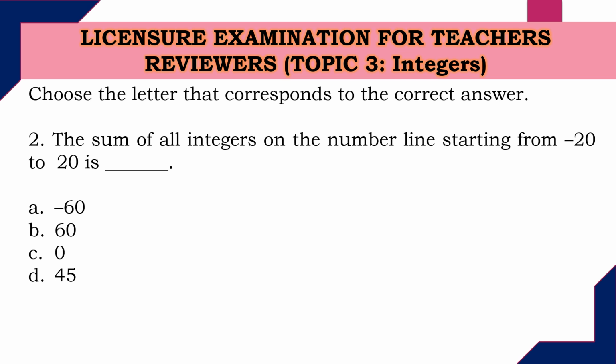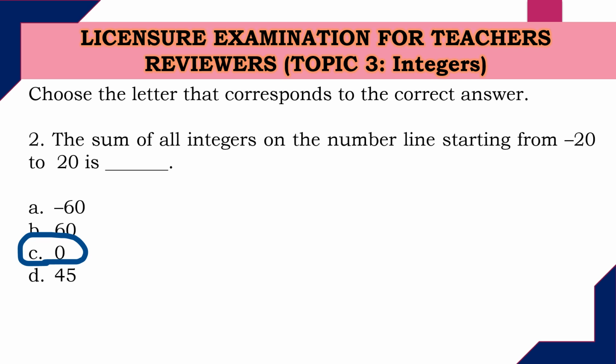Number 2, the sum of all integers on the number line starting from negative 20 to 20 is A, negative 60, B, 60, C, 0, D, 45. What is your answer? If your answer is letter C, then you are correct, because the sum of all integers on the number line starting from negative 20 to 20 is 0.